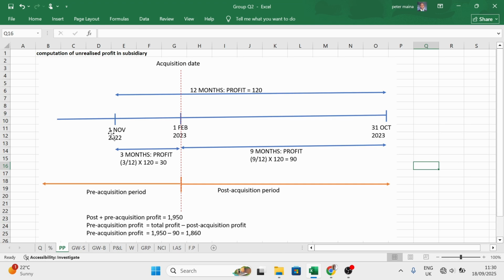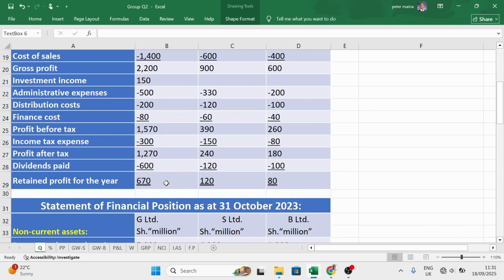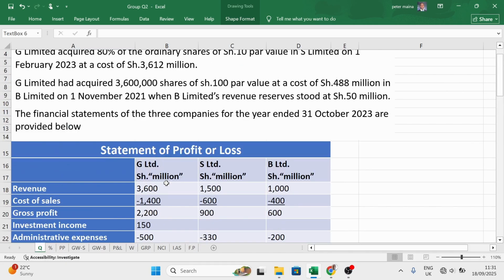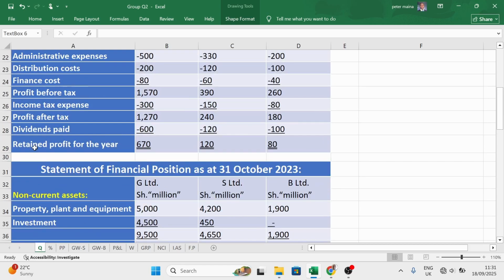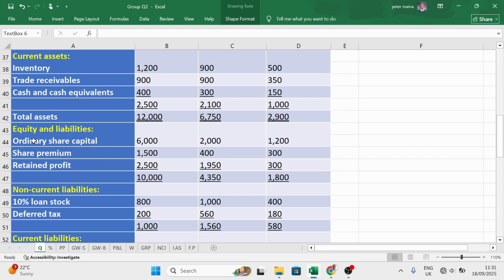The accumulated profit as at 1st November 2022 is given in the question. That is the one we call the retained profit balance carried forward. If it is not given in the income statement where you can normally find it, you can find it by deducting. You take the profit given under the equity and liabilities. The retained profit for S Limited, we have 1950.